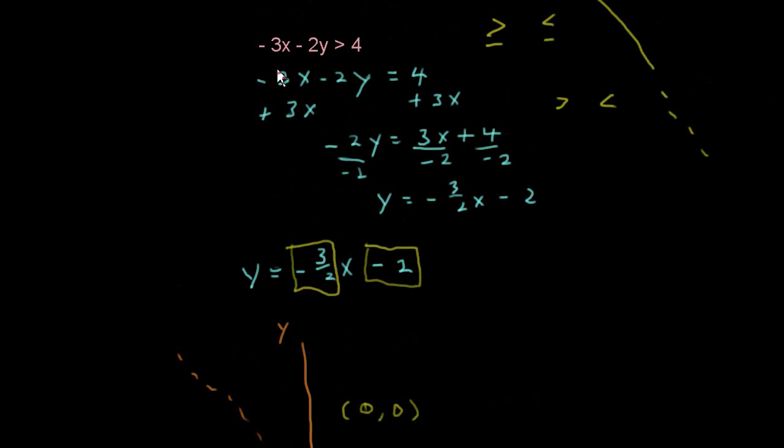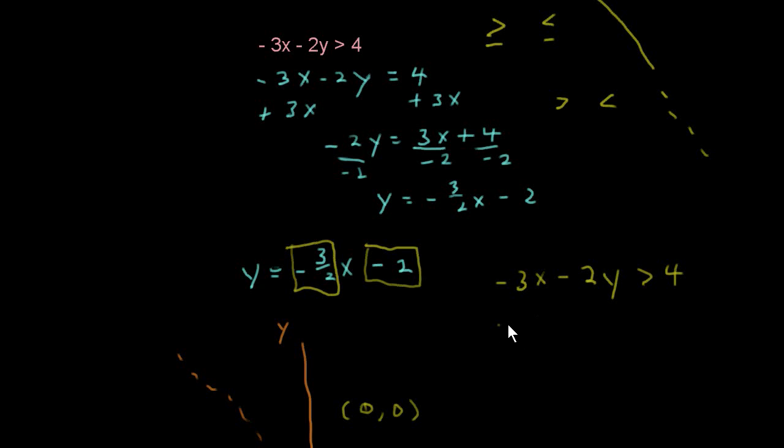So in our case, there's our original inequality. Let me just write it down again right here. -3x minus 2y is greater than 4. And we want to just plug into that original inequality 0 for x and 0 for y, and see if we get a true statement or a false statement.